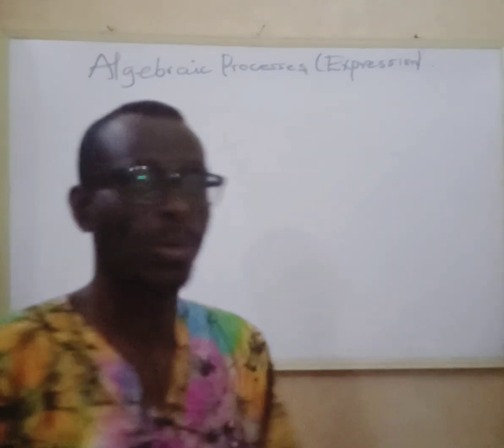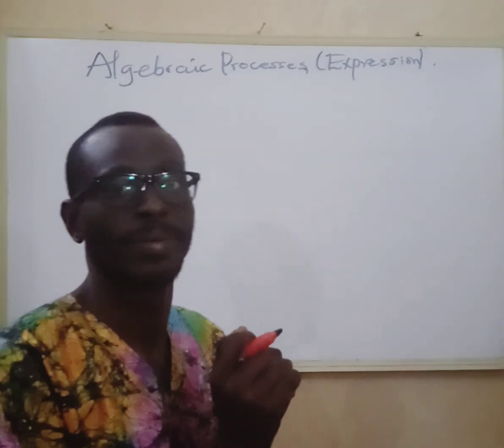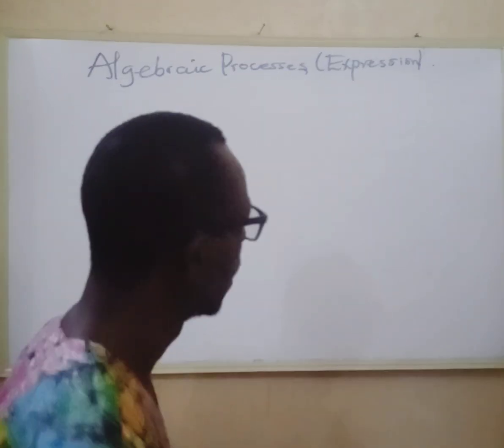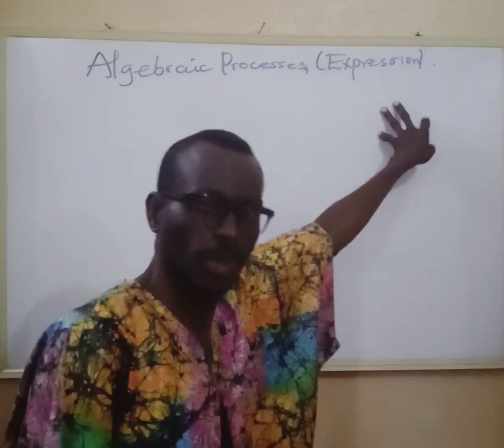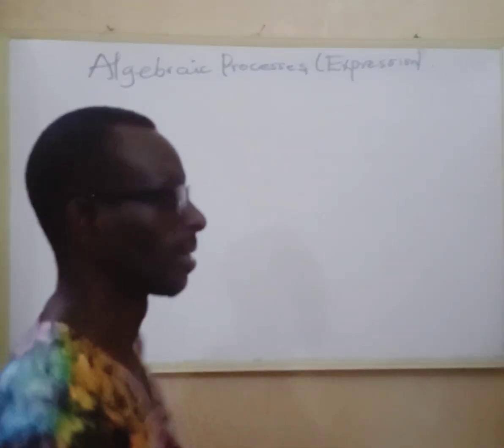In the last video, we dealt with the continuation of terms using the kilograms of chicken and subsequent videos about that. And in this video, we quickly want to look into the word expression and how it has to do with mathematics.